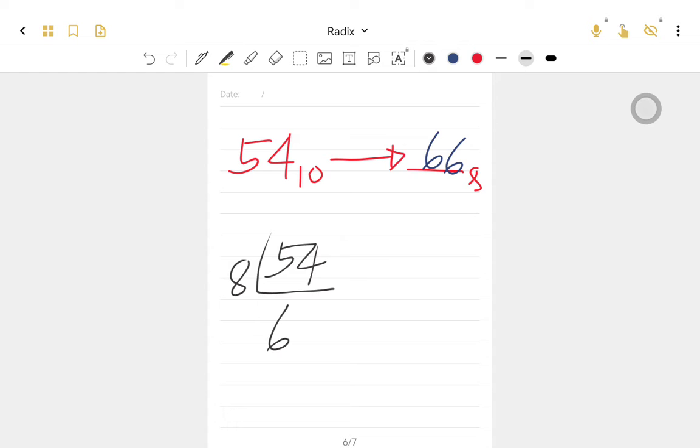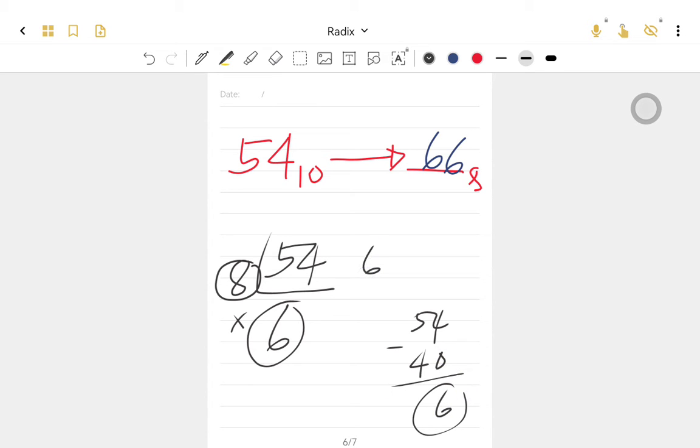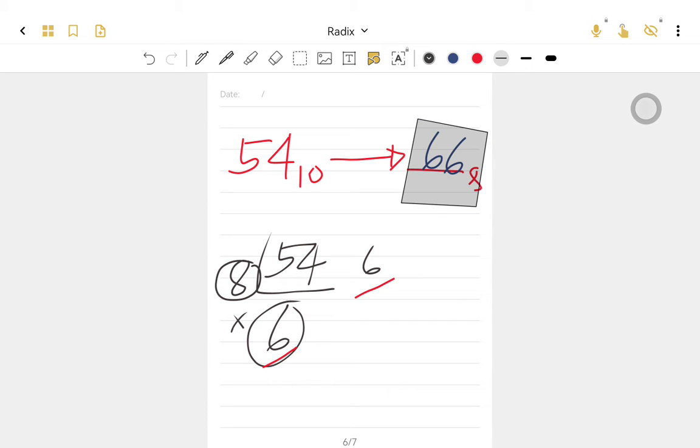And when you multiply 6 times 8, that will give you 48. So 54 minus 48 will give you 6. Therefore, our remainder is 6. That is why we have 6 and 6, so 66 with the base of 8 is equivalent to 54.